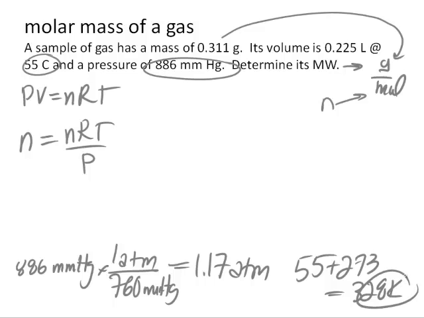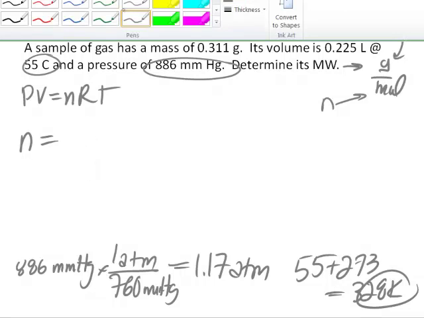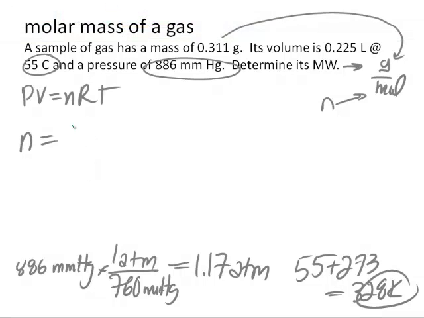Okay, and so now we're set to calculate the moles, and I incorrectly solved for n. PV over RT is our calculation. So our pressure, we calculated that, was 1.17 atmospheres.